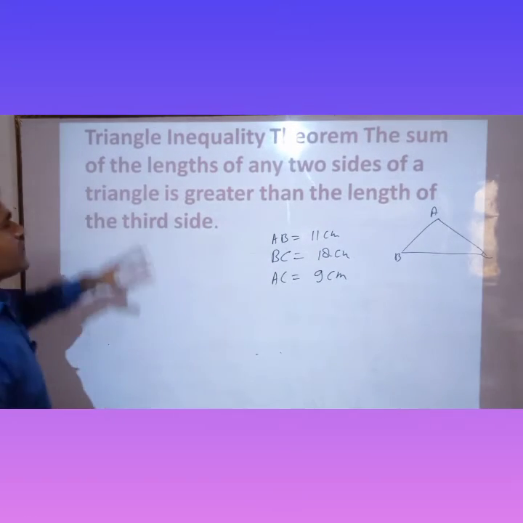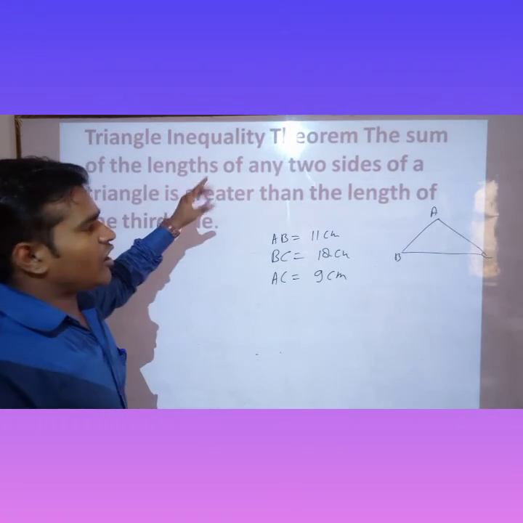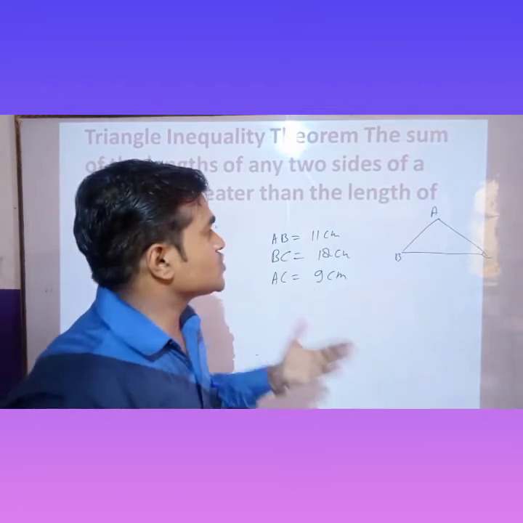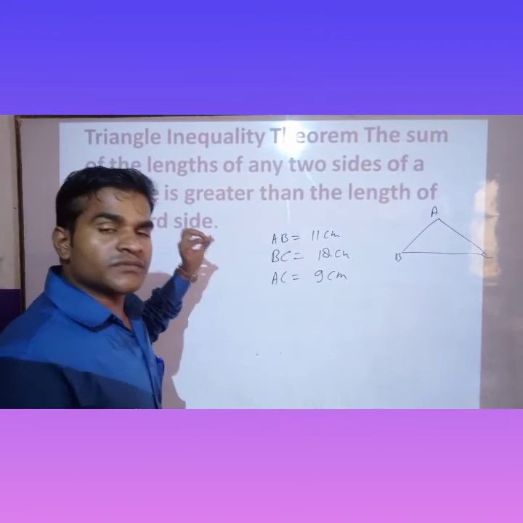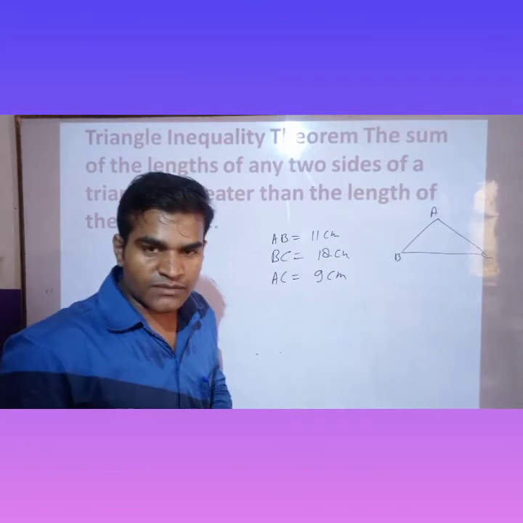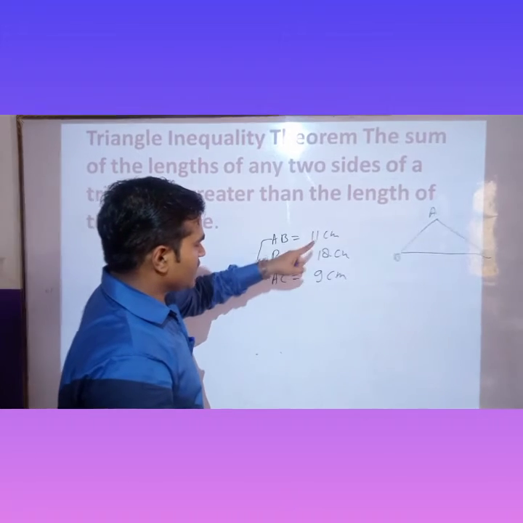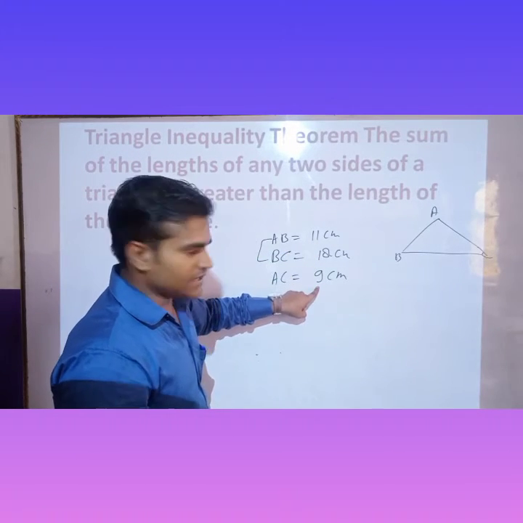Children, the triangle inequality theorem: the sum of the lengths of any two sides of a triangle is always greater than the length of the third side. When we add these two sides, what do we get? 11 plus 18, that is 29, which is greater than AC, 9.